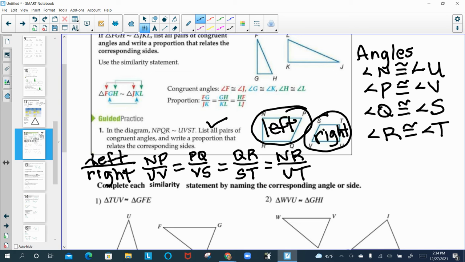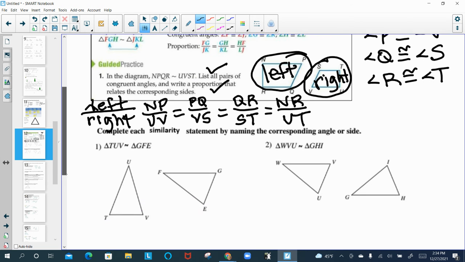I could have done it the reverse. I could have put the right-hand polygon in the numerator and the left-hand polygon in the denominator. But for me, like I said in the previous video, I do it the same way every time. I just don't like to deviate. It keeps it simple. If I always go left to right, top to bottom, it sticks for me. So we've written our proportion and we are done.